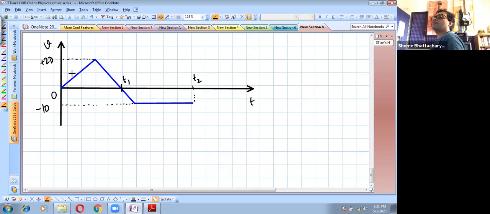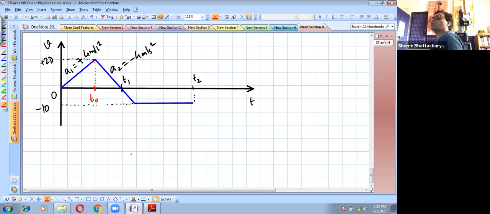And here the rate of acceleration is plus 4 meters per second squared, whereas in this part the rate of deceleration is minus 4 meters per second squared. As I told you, first we can concentrate on what is happening up to T1, with let's say some T0.